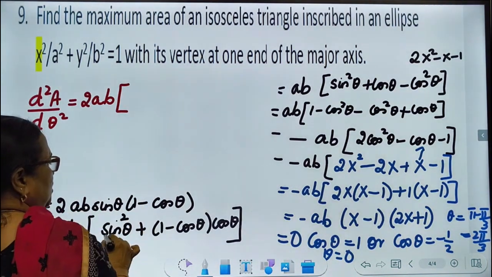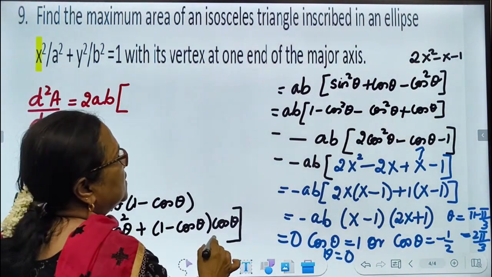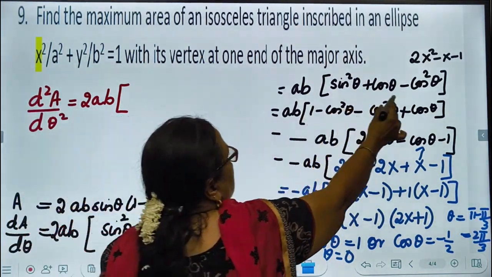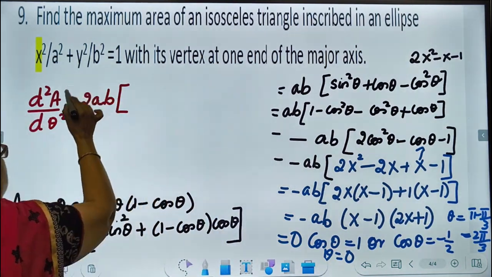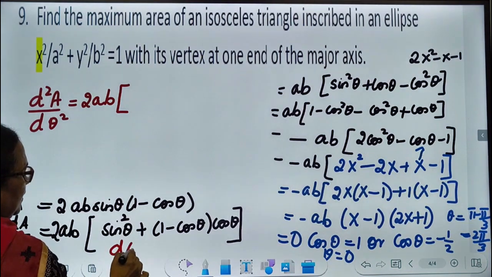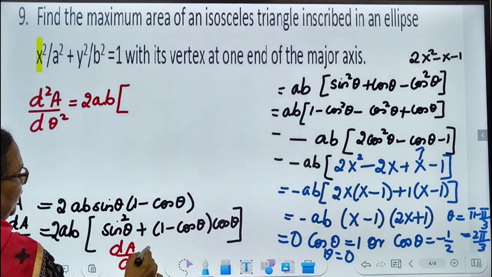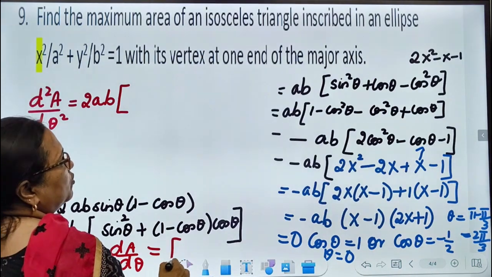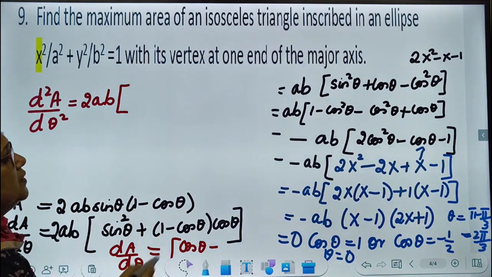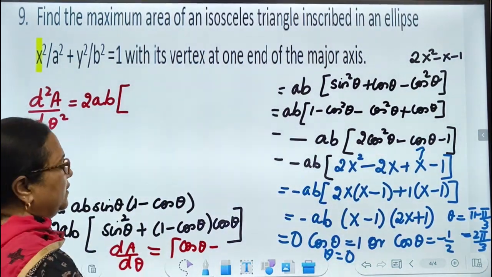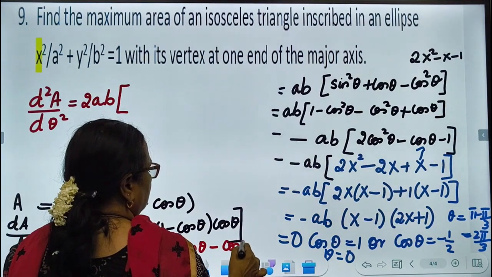First let me write dA by d theta in the simplified form: it will give you cos theta minus cos square theta minus sin square theta, which is cos 2 theta.